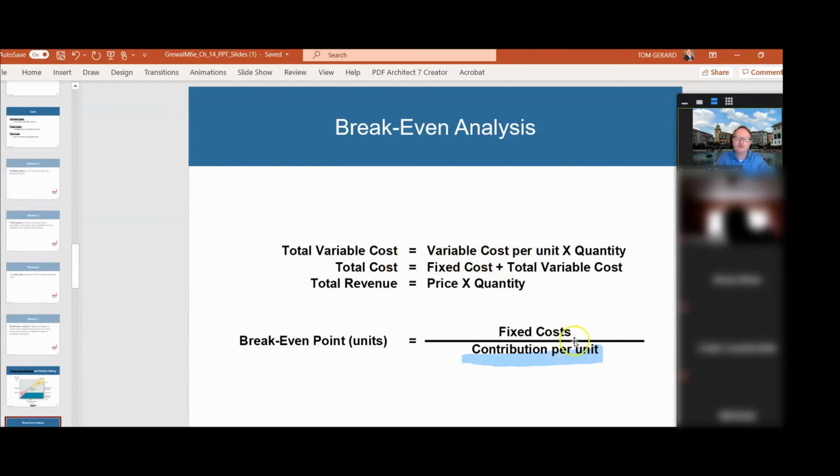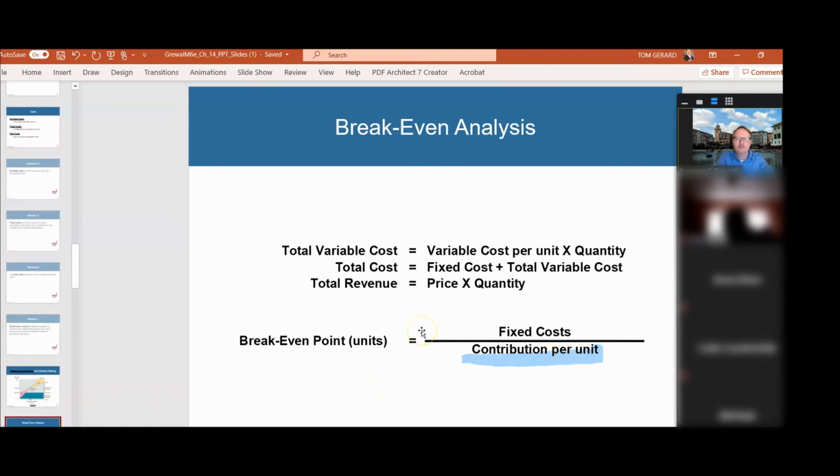Okay, so fixed cost divided, now we got a contribution margin, which is stupid because here they don't even tell you how you calculate the contribution margin. So this is a marketing course, not accounting, and that frustrates me because they're telling you break even is fixed cost divided by the contribution margin, but they didn't tell you how you calculate the contribution margin, did they?